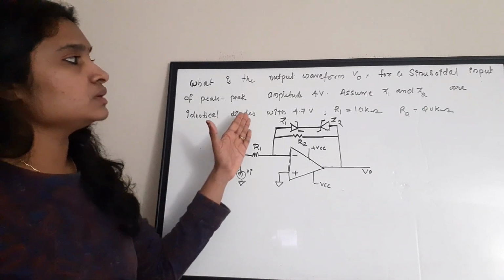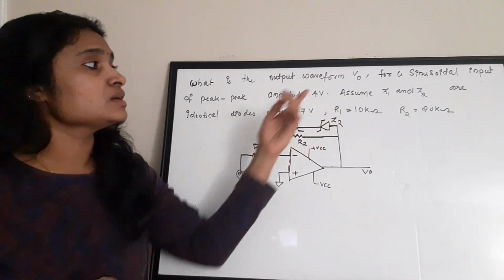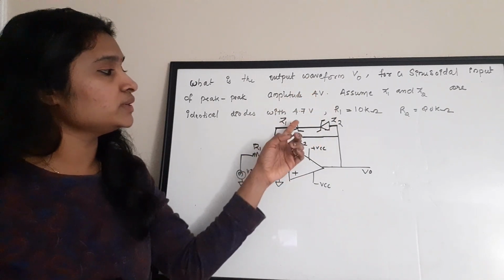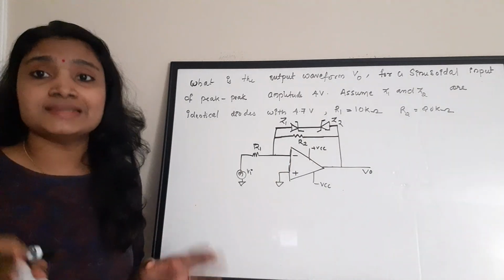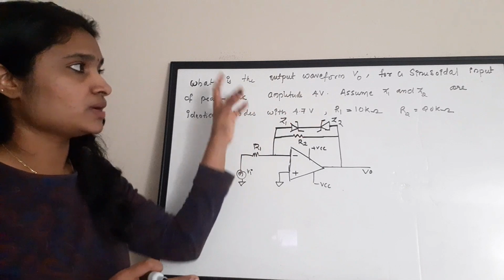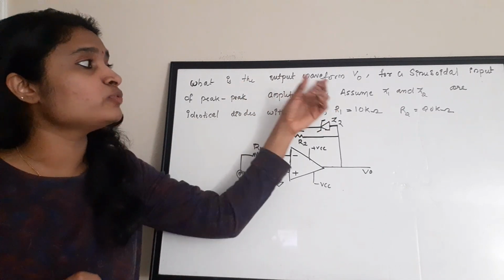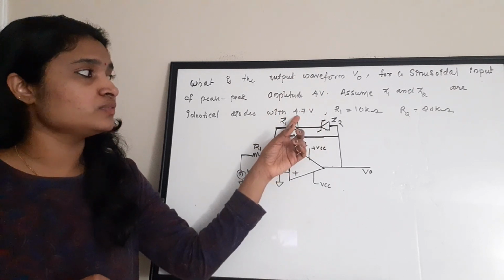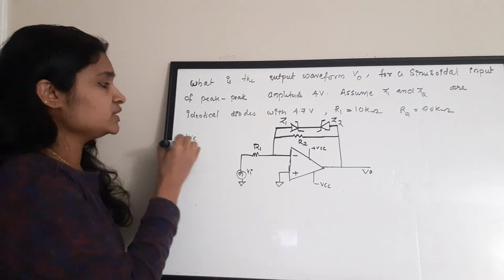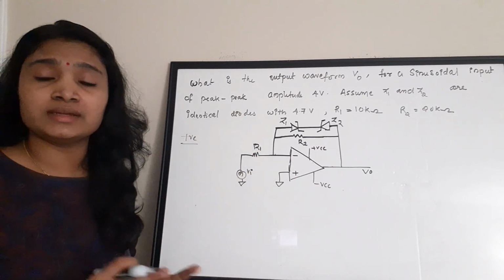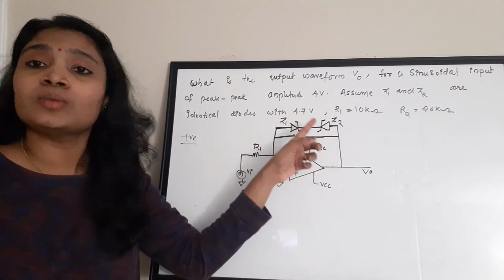Okay, so the amplitude of the sinusoidal waveform which you are applying is 4 volt, and the turn-on voltage of these two Zener diodes is 4.7. Since the applied waveform has a peak to peak amplitude of only 4 volt, but in order to turn on the diode we require 4.7 volt, during the positive half cycle one of the diodes will get forward biased and be shorted, and the other one will be open circuited.